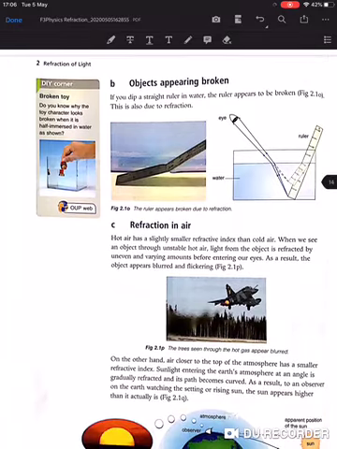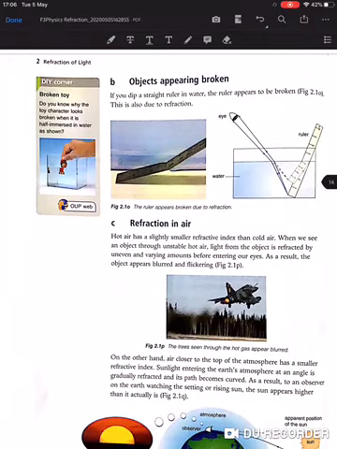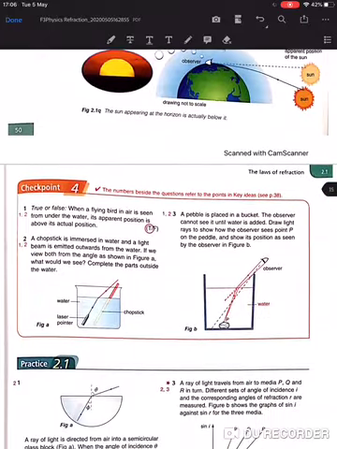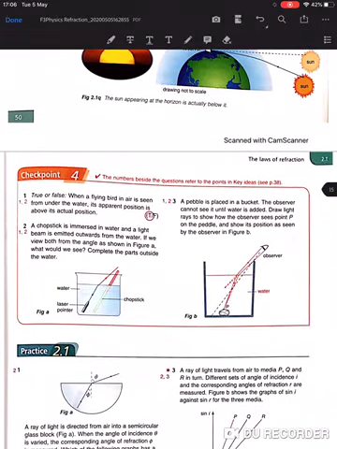If you put it into the water, you will be able to see that it appears to be broken and it's bent away from it. And in here, that's the chopstick, and you will see that the light actually bends away from it, and that's why you will see the virtual image of that.